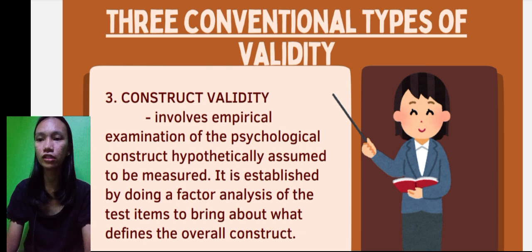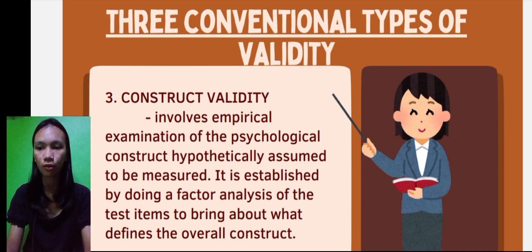So the third and last type is construct validity. It involves empirical examination of the psychological construct hypothetically assumed to be measured. It is established by doing a factor analysis of the test items to bring about what defines the overall construct. So it determines if the test measures a unitary construct or if it is a multidimensional construct as shown by the resultant factors.